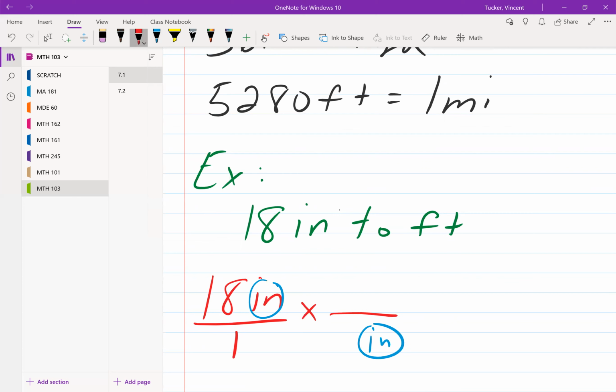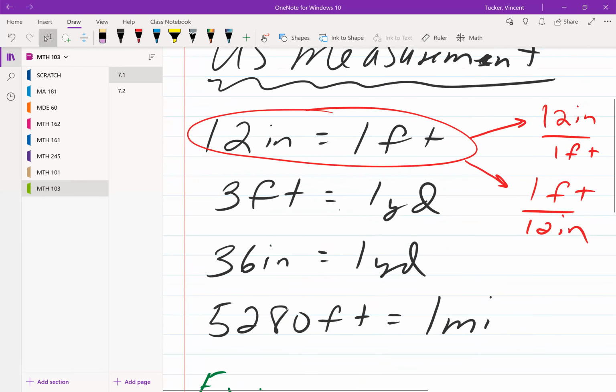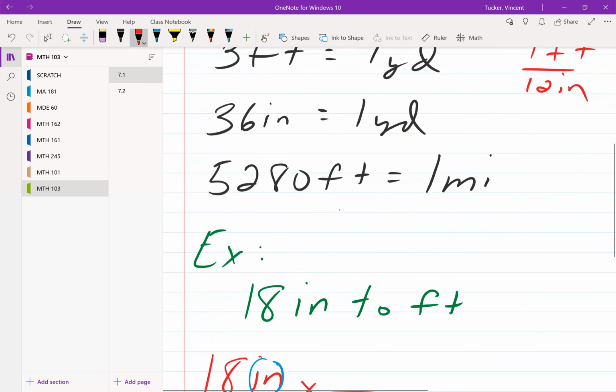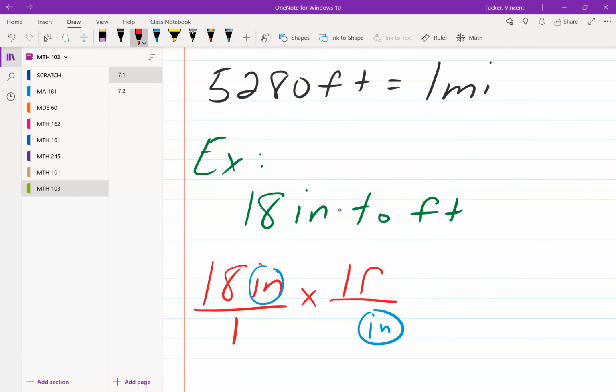So I need to use the conversion factor of 1 foot over 12 inches. So now what that allows to happen is that, like when you're dealing with your fractions, inches over inches can cancel. And that leaves us in this measurement of feet, which is what we wanted.